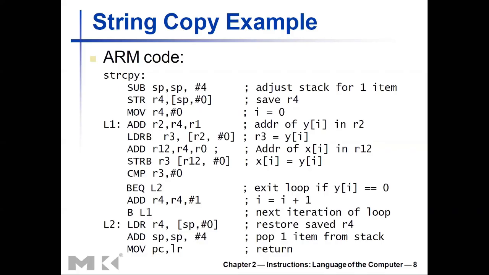So with LDRB, that alignment thing is not there. In the memory, they are going to be word aligned, but you can access each byte separately inside that word by having offsets like 1, 2, 3.